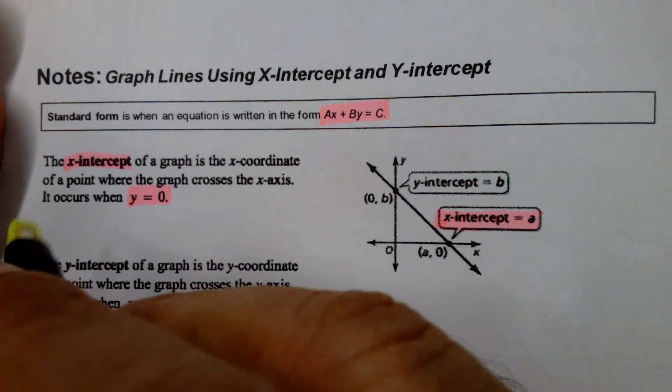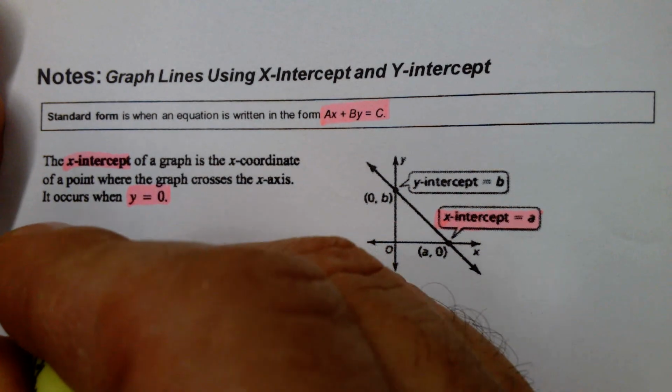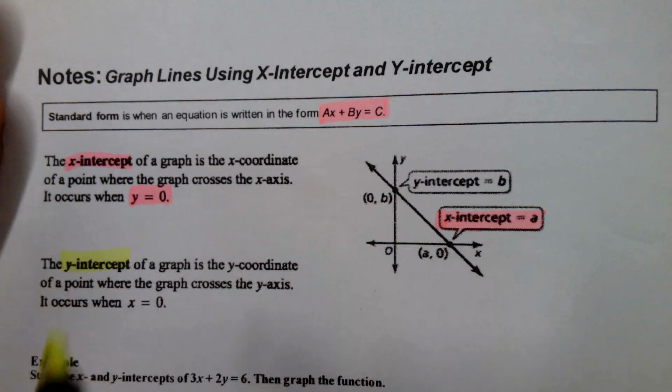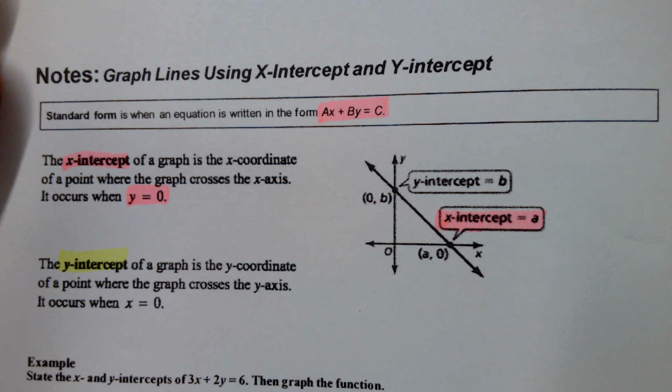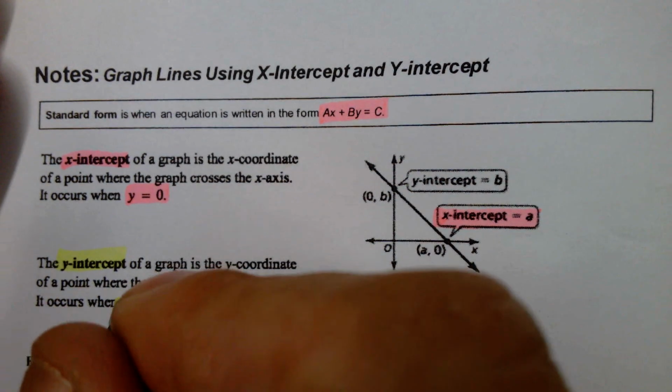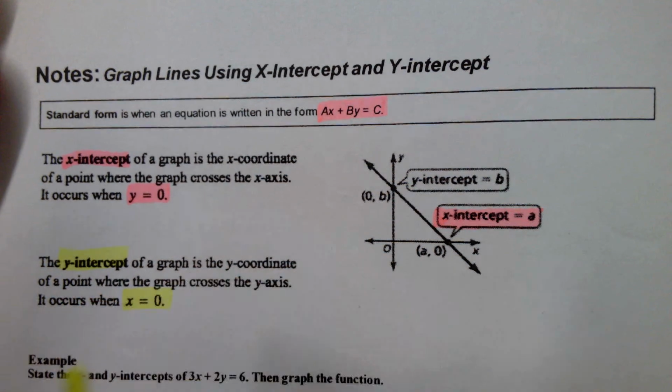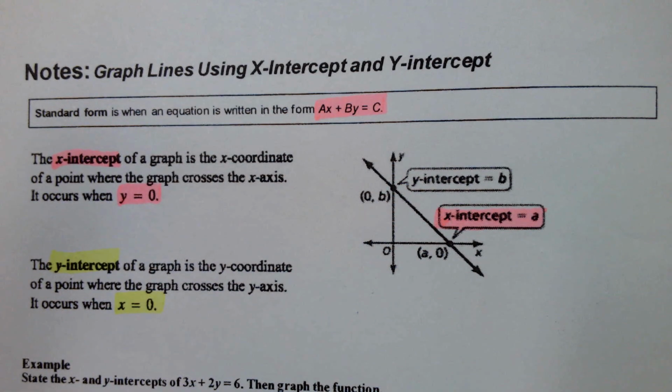Let's look at the y-intercept. And it's almost identical to what we just talked about for x-intercept. The y-intercept of a graph is the y-coordinate of the point where the graph crosses the y-axis. It occurs when x equals 0. So I want us to make that connection. Y-intercept means x equals 0.